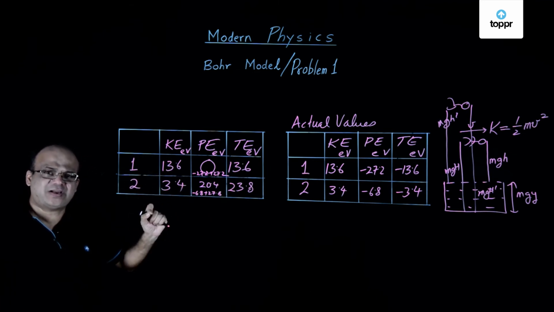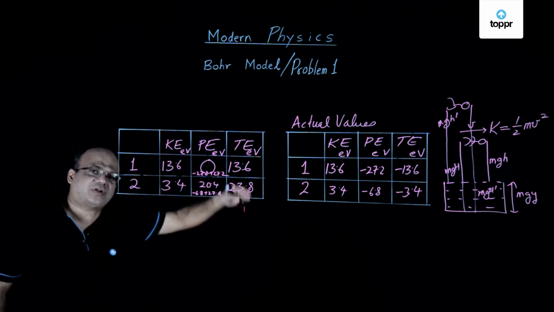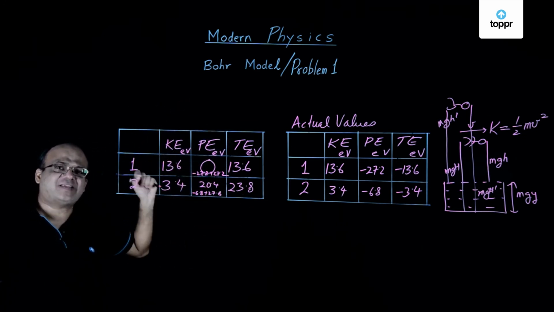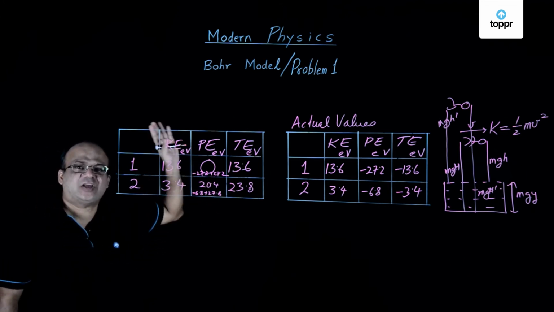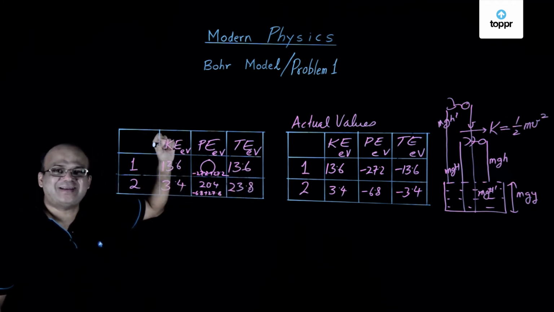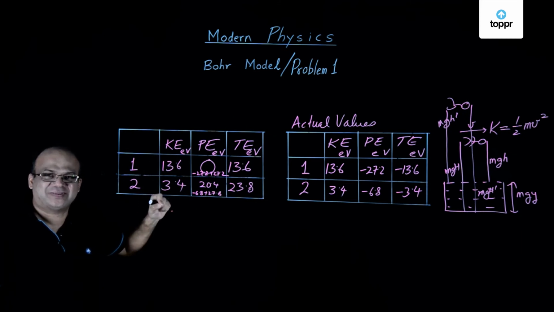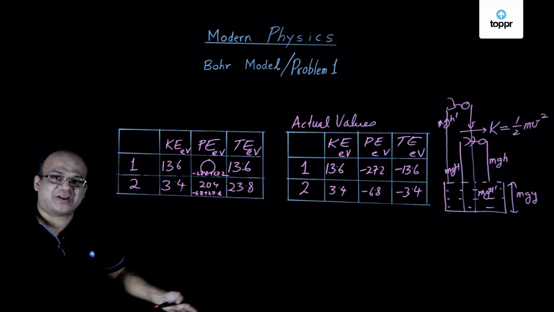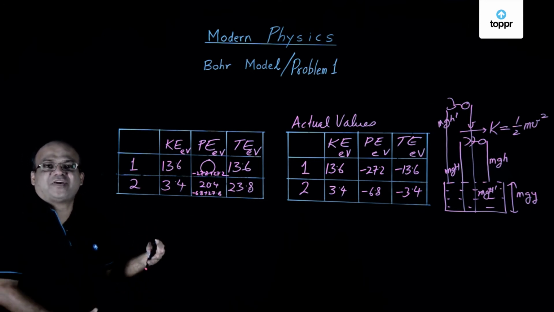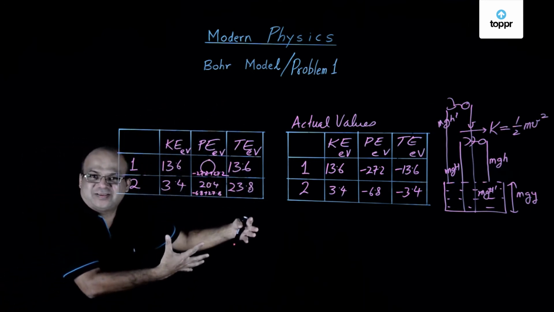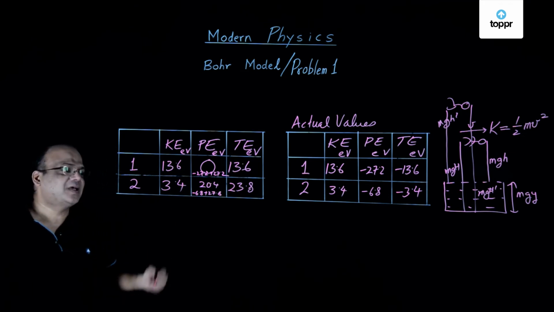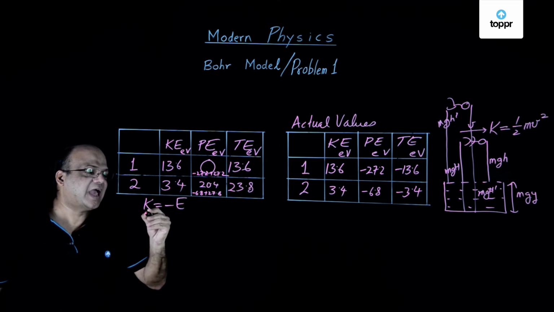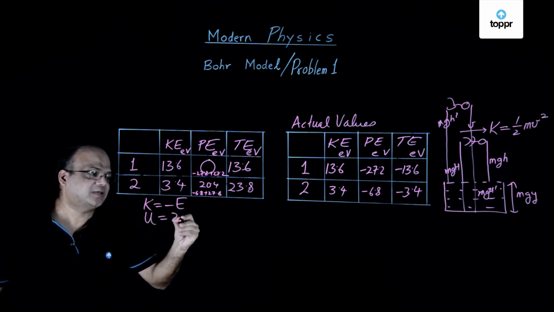Earlier we have learned that when a body is moving in a circular orbit, under the action of a force that obeys inverse square law, like electrostatic force and gravitational force, that is for electrons moving around nucleus or for satellites moving around Earth, the relationship is K equal to minus E and U equal to 2E.